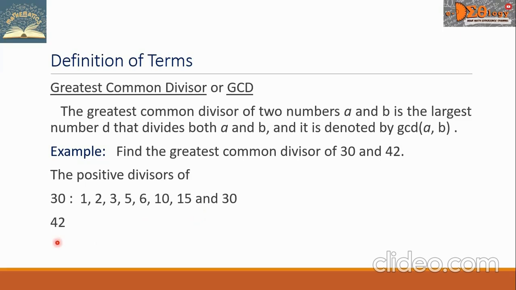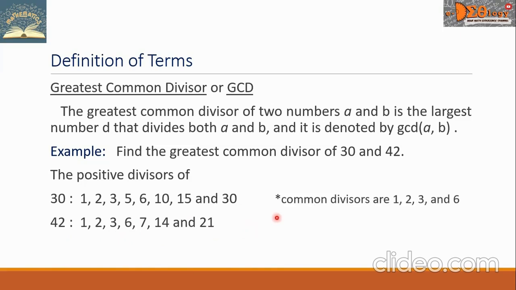For the number 42, the divisors are 1, 2, 3, 6, 7, 14, 21, and 42. We can see here that there are common divisors, which are 1, 2, 3, and 6. The number 6 here is the biggest among the divisors, and we now write the GCD of the numbers 30 and 42 equals 6.